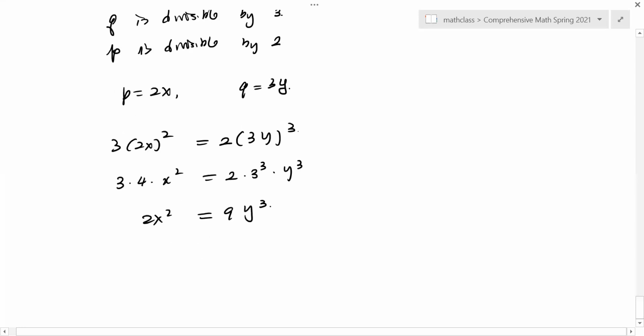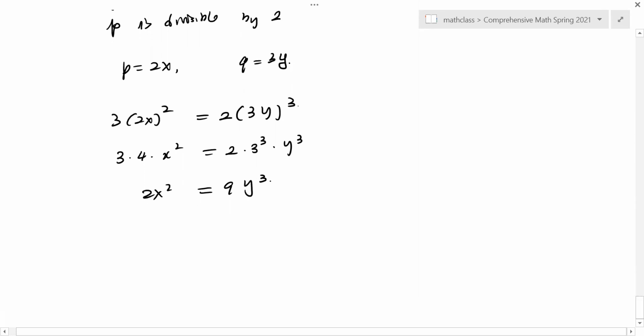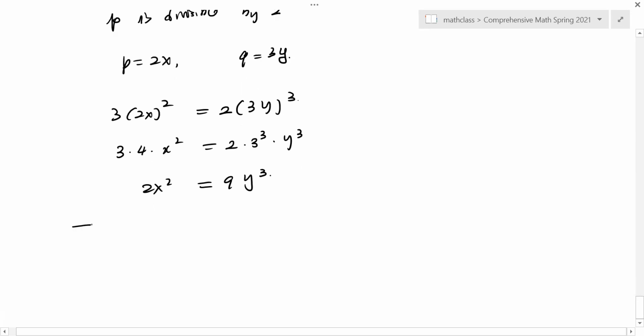Wow. So that means x must contain a factor of 3, and y must contain a factor of 2. So let's call x equals 3a, and y is going to be 2b.